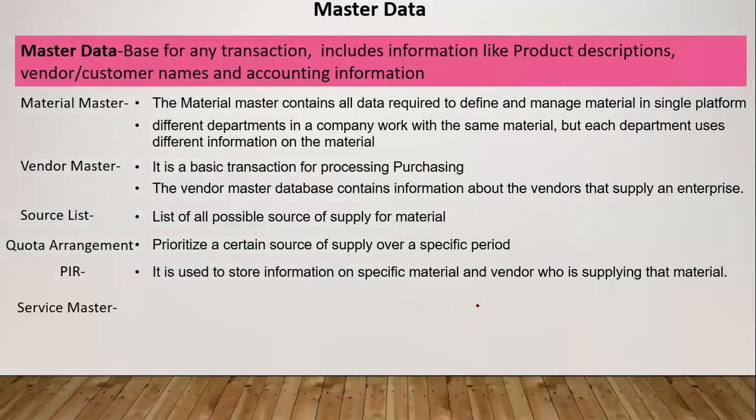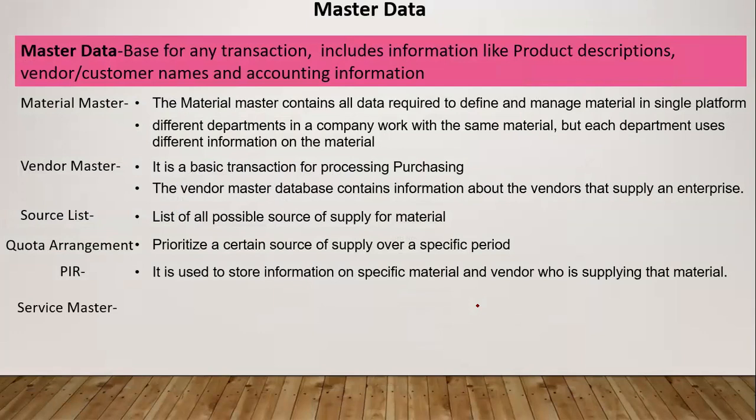And the next is service master. We have different types of services, like maintenance services or repairing. This service master contains all the information regarding the external services which we provide.